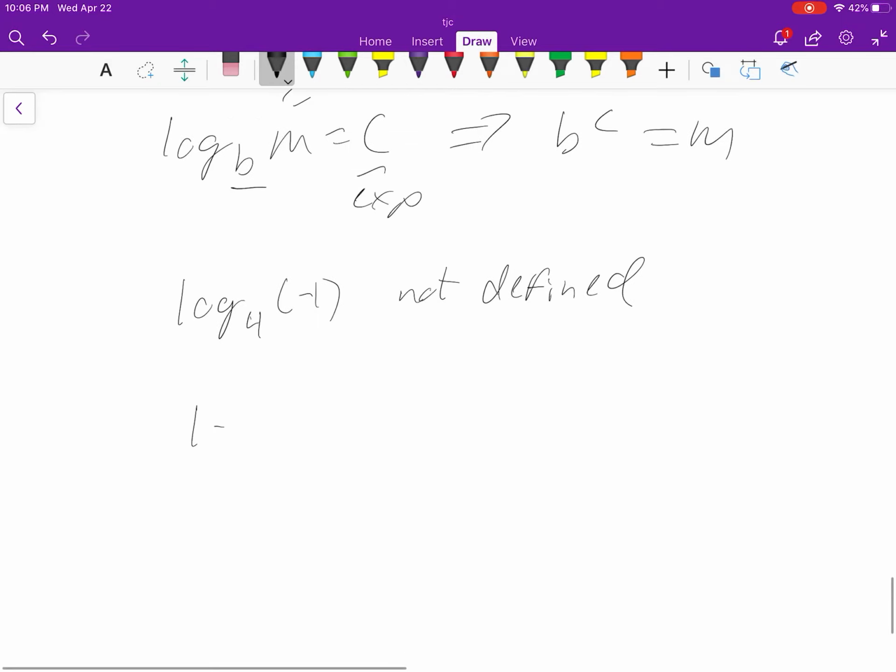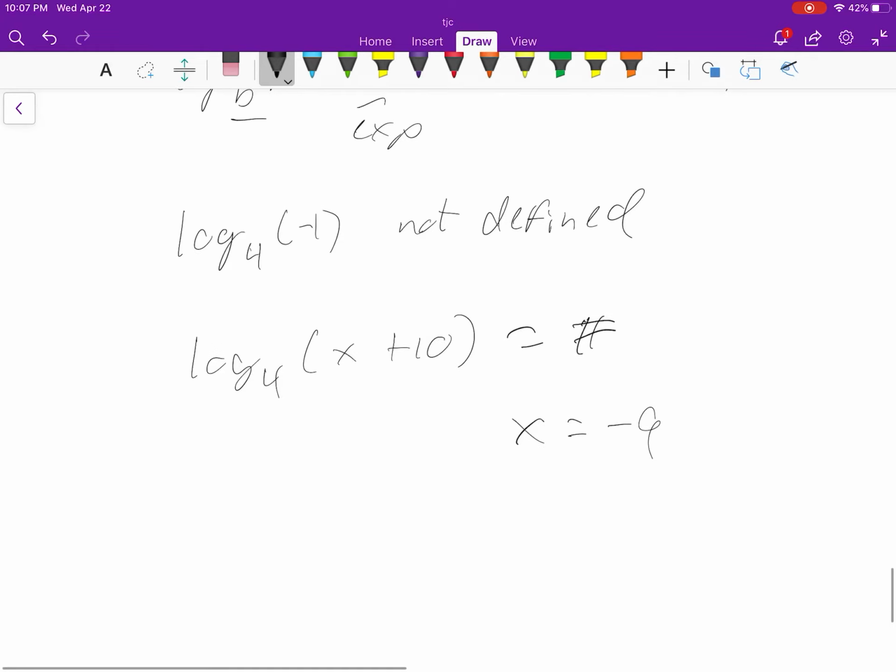Because if we have log base 4 of x plus 10, and we solve this and get x equals -9 as our answer, -9 will still work because when you plug -9 in, you'll get log base 4 of -9 plus 10. -9 plus 10 is 1.